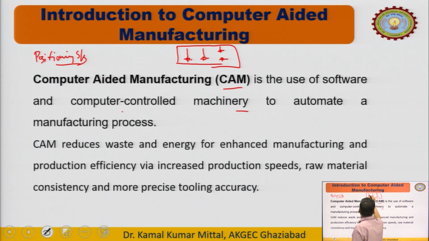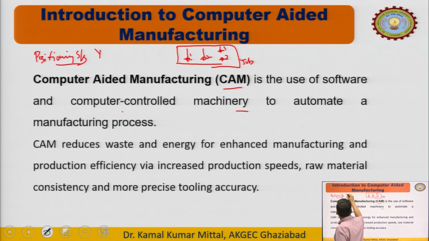So these are the four located areas where we have to make a drill over a job. So, how to represent this in a coordinate system? So there is a coordinate system like absolute coordinate system and incremental coordinate system.